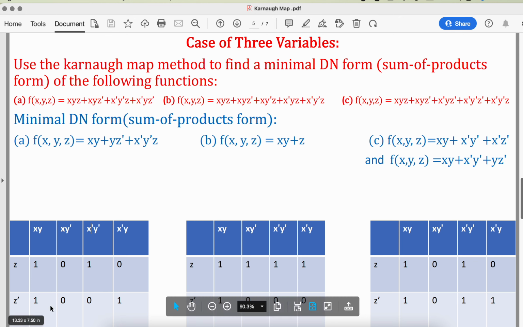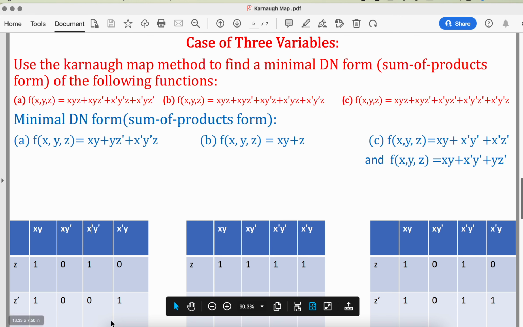So this rectangle gave xy. Beside this we have this term. This is an isolated square. So this isolated square gave x'y'z.